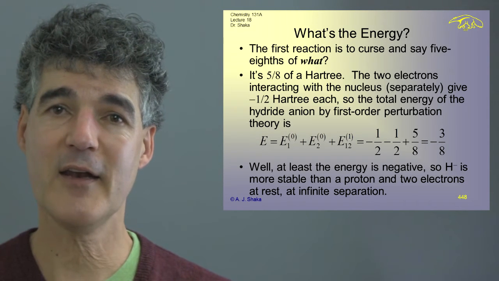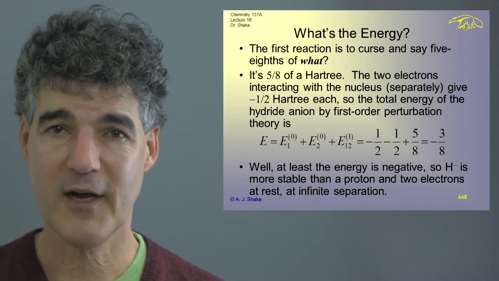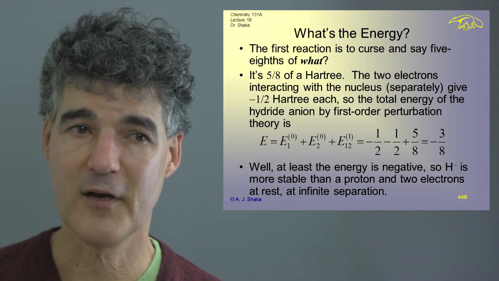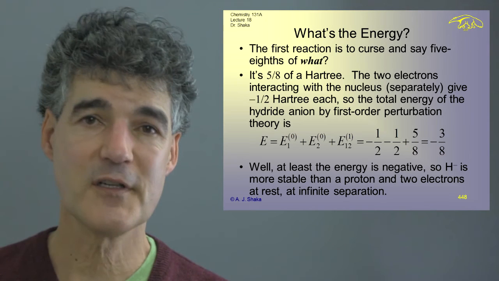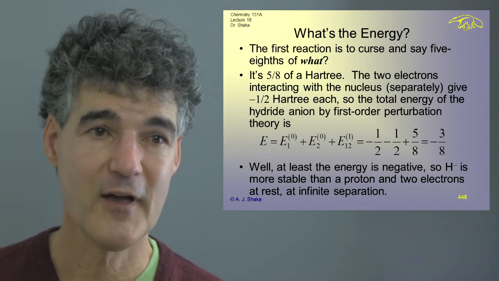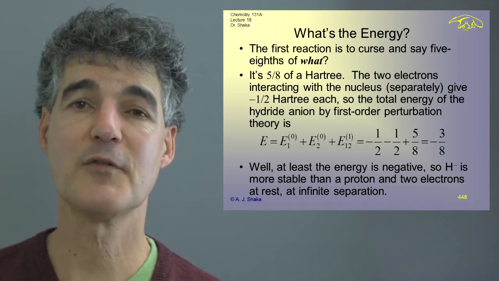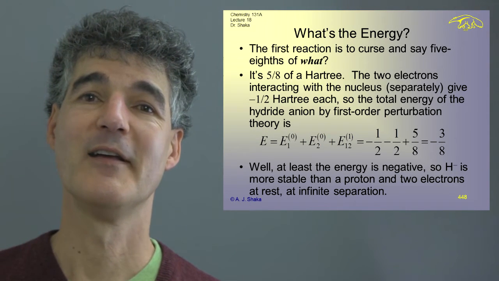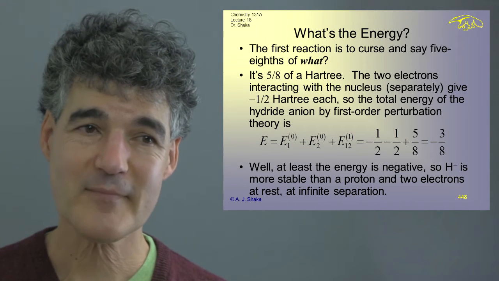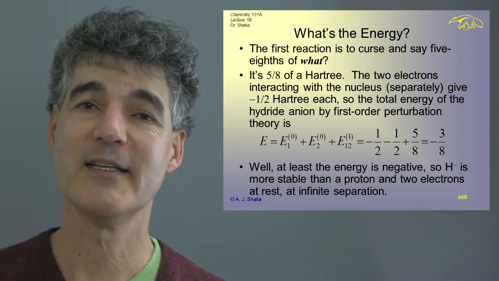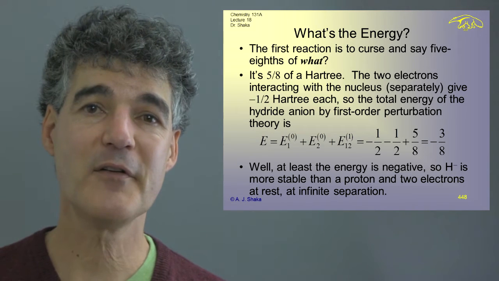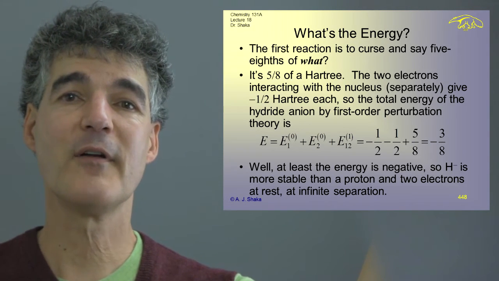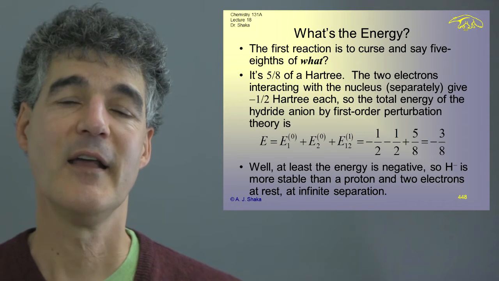And therefore the total energy of the hydride anion now is the energy of the first electron, minus a half, plus the energy of the second electron, minus a half, plus 5/8, which is minus 3/8. Perfect, you might think. It's negative. So that means that H minus is stable compared to a proton and an electron and another electron at rest at infinity.